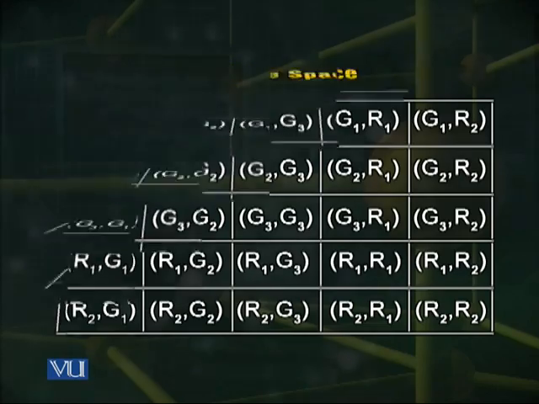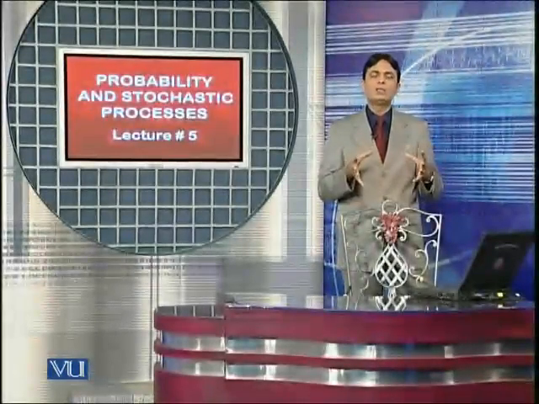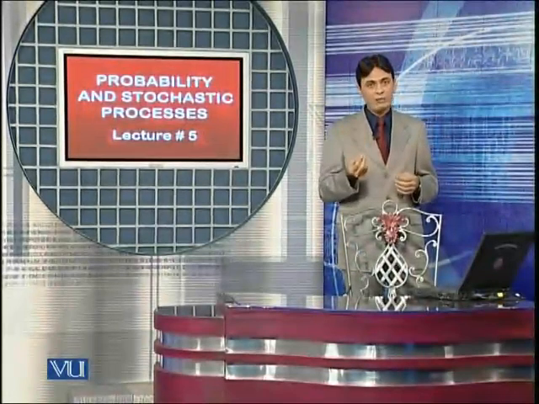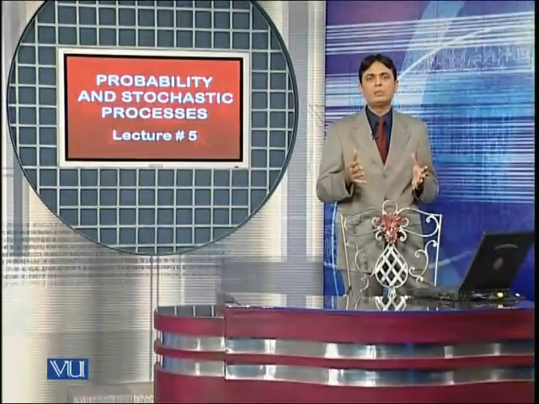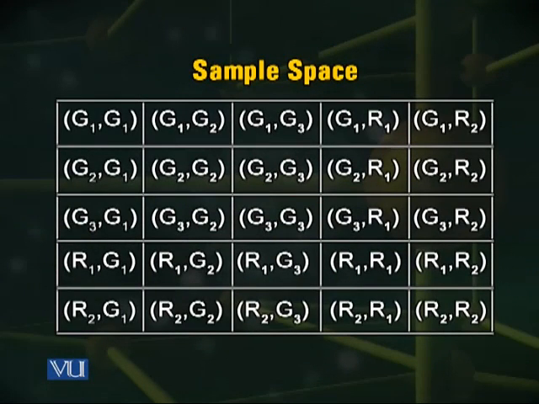And when you combine the two experiments, it's a 2-part experiment, then the cardinality of the whole space of pairs of observations will have 25 entries, and that can be arranged in a grid. This grid can be seen in the slide where we have 25 entries, pairs of observations, and we can form different events on this sample space.